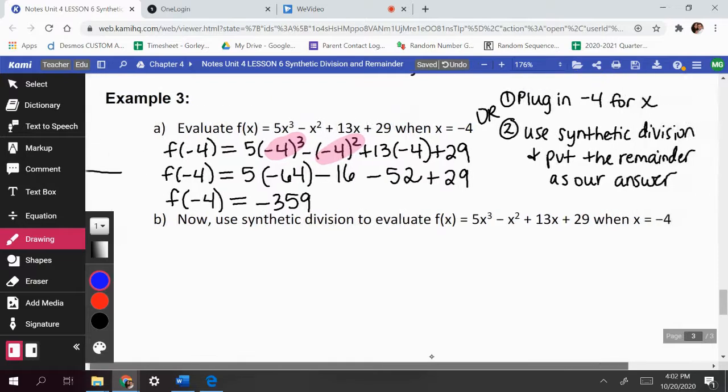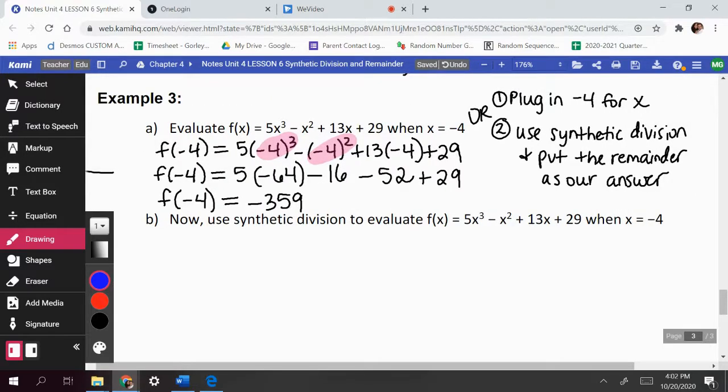So now when we use synthetic division to evaluate this, we'll put the negative 4 outside. We'll list our coefficients, 5x cubed minus 1x squared, 13x, and 29.